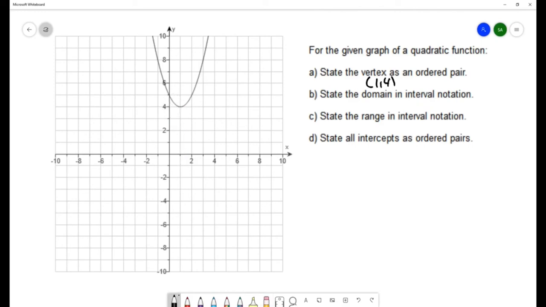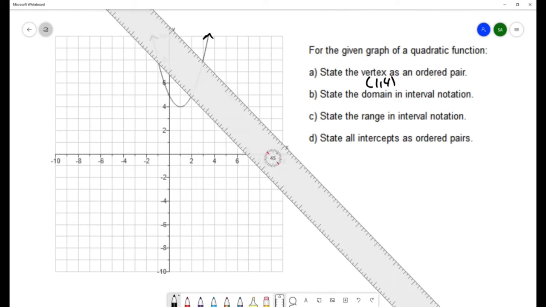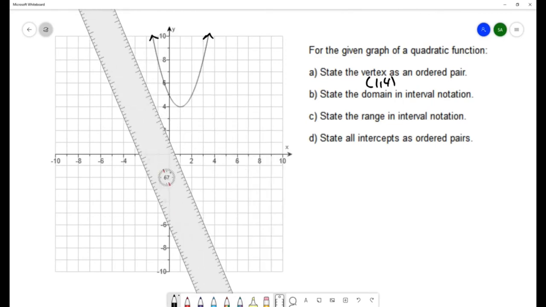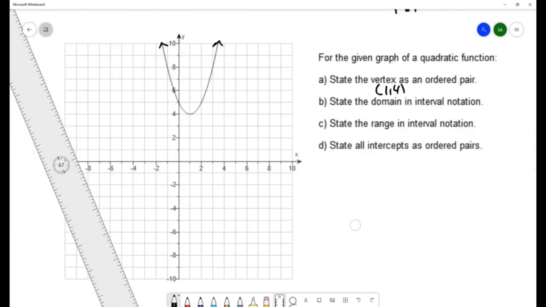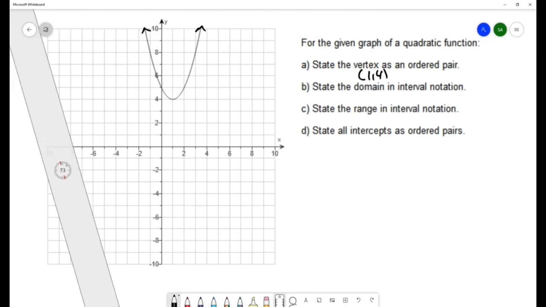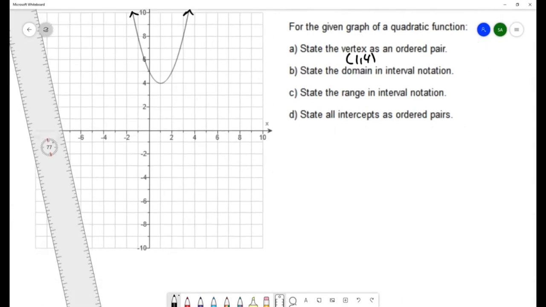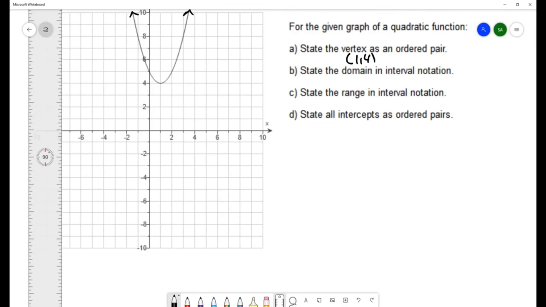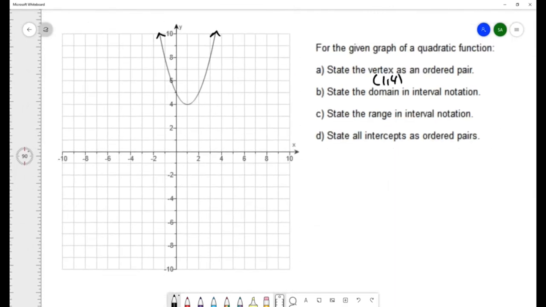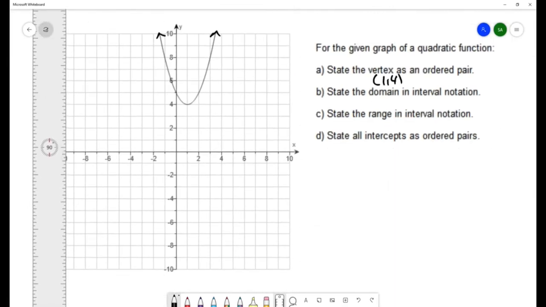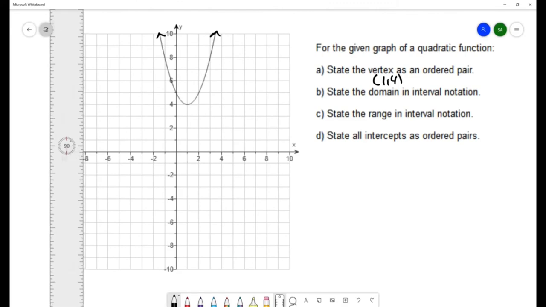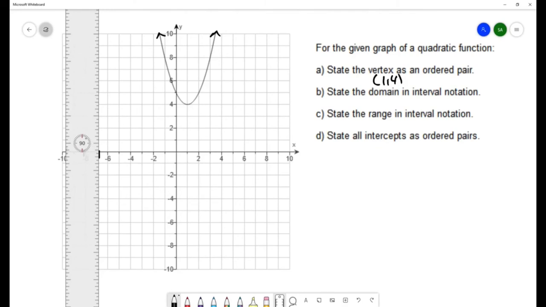Now we're going to assume that these are arrows going on forever. And if we use our ruler, we can take a look at holding that ruler vertically. And when we're holding the ruler vertically, what we're paying attention to is that vertically it's marking out different places along the x-axis.